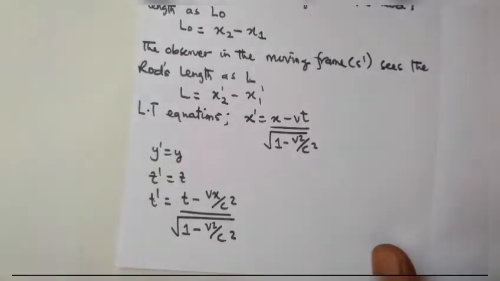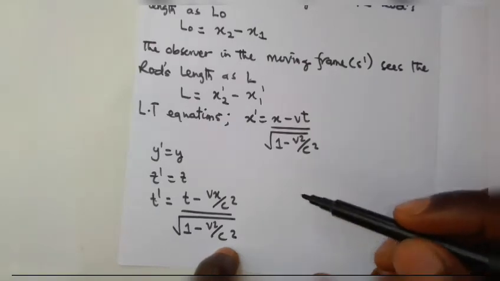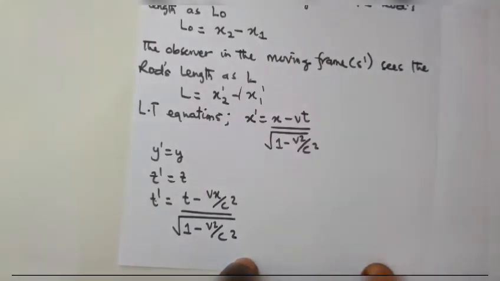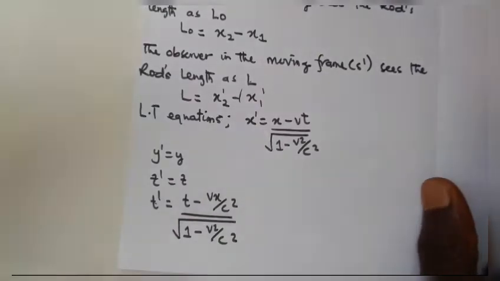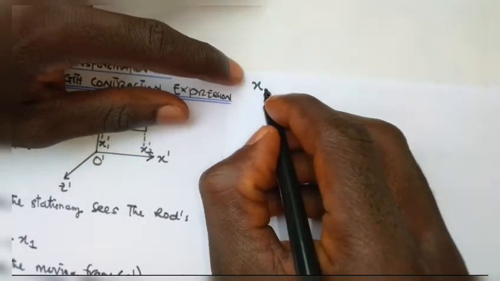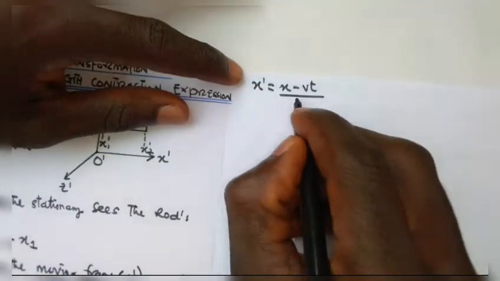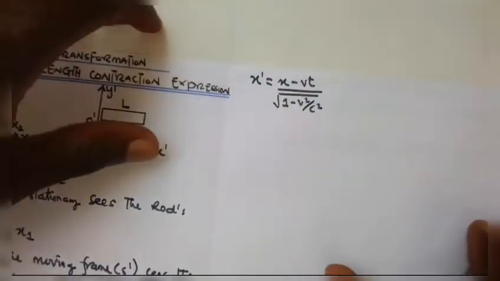So now these are the Lorentz transformation equations which I am going to use to substitute into these two equations I put here, so that I'll be able to come out with the length contraction expression. So if we have x prime is equal to x minus vt over the square root of 1 minus v squared over c squared.